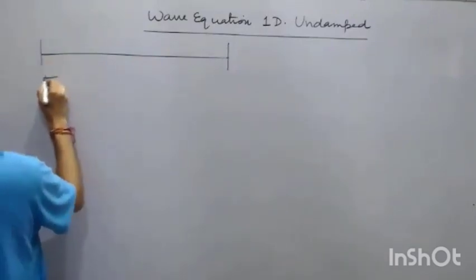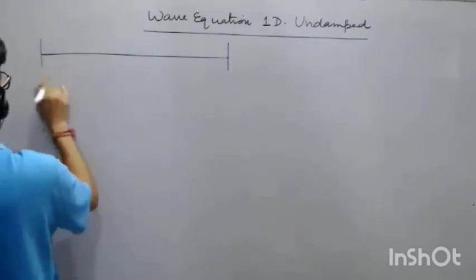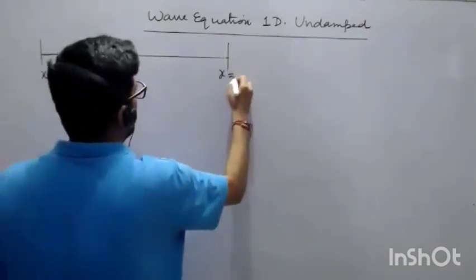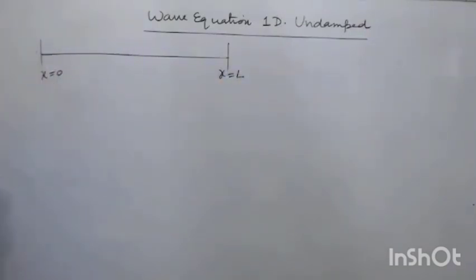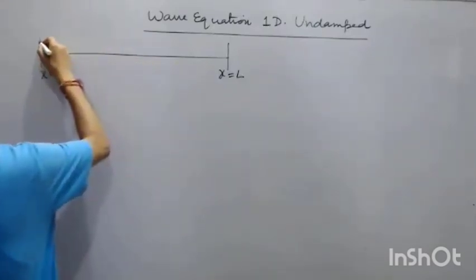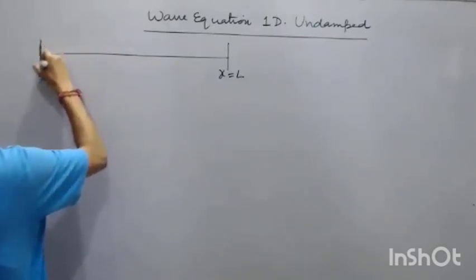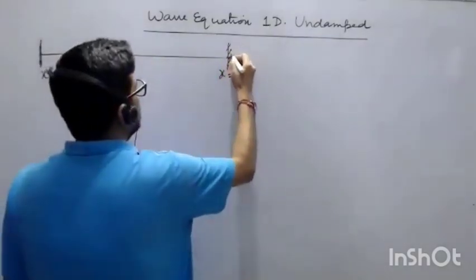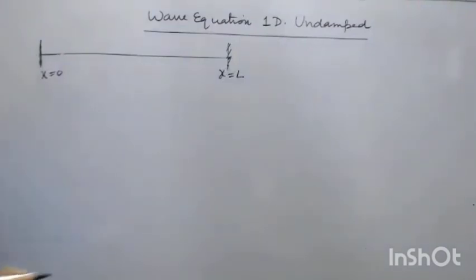Suppose this is a string and here x is equal to 0, here x is equal to L, that means the length of the string is L, and suppose this is a wire string and this is attached strongly so that the ends are tight. Okay, the ends of the string are tight.